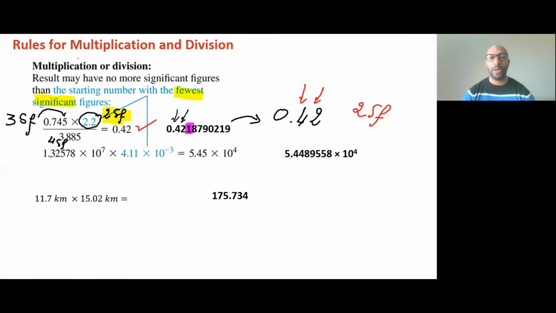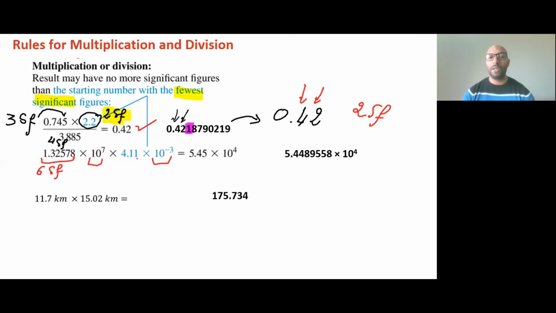Let's move to the second example. We have 1.32578 times 10 power 7 times 4.11 times 10 power negative 3. You can see here that we have the 10 power. These 10 powers are not counted at first. Now let's check how many significant figures in this example. We have 1, 2, 3, 4, 5, 6 non-zero digits, so we have 6 significant figures.